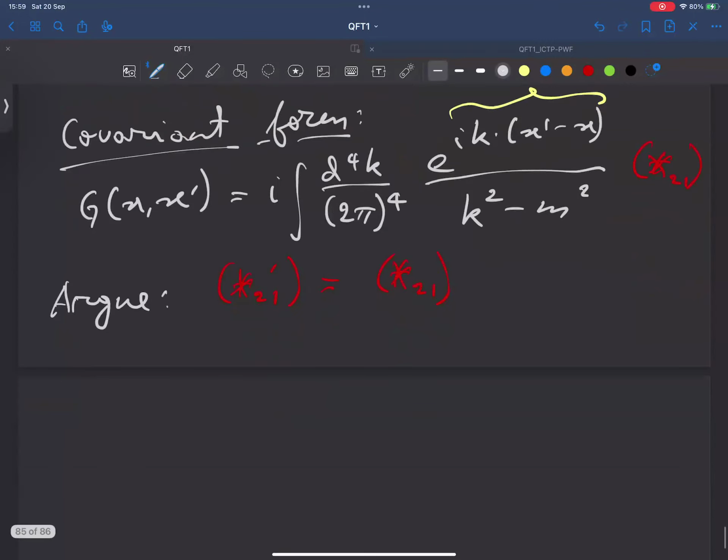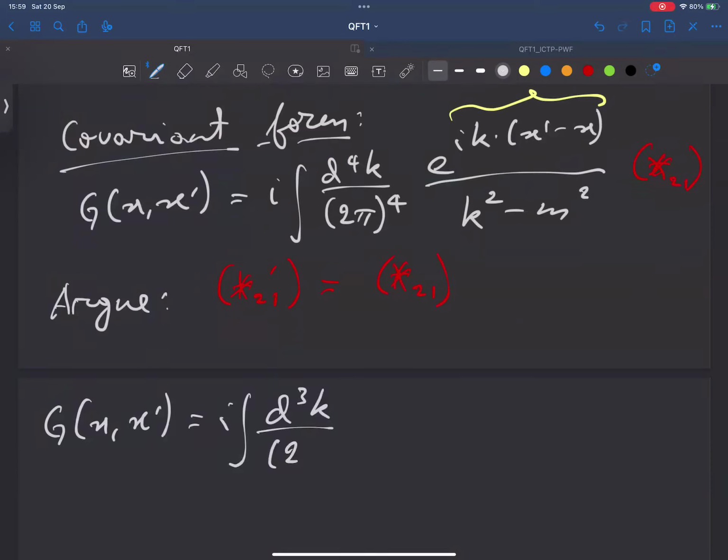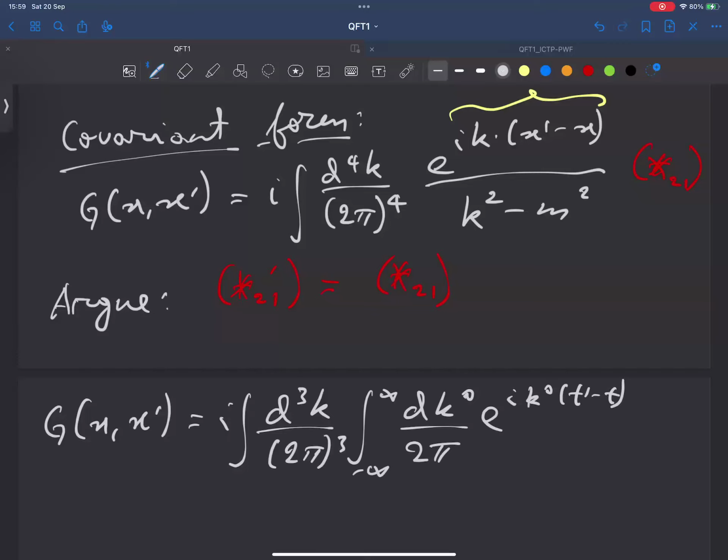This is where we will use contour integration. We can write down this G as an integral over space and the time part, minus infinity to infinity, e to the power i k0, and I am explicitly writing the time and the space part separately, times e to the power minus i k dot (x prime minus x).